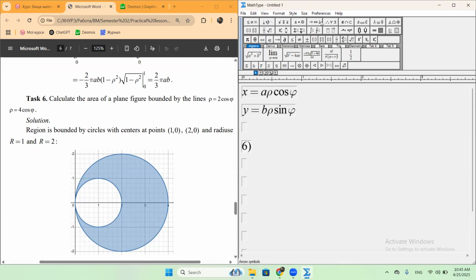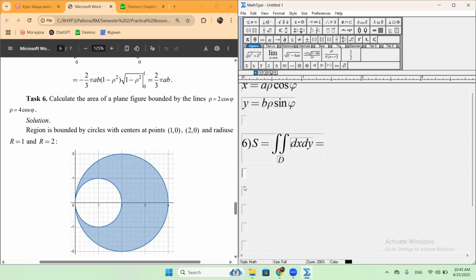The area will be calculated by the following formula. Let me remind you that we integrate 1 over region D, and the value of this integral is the area. What can we see from this graph?